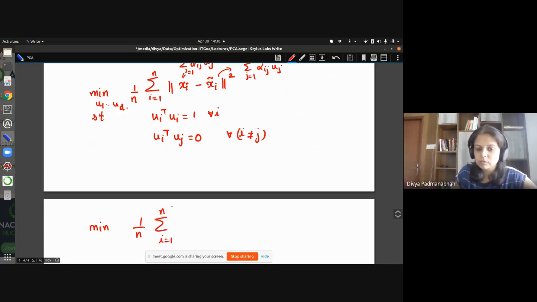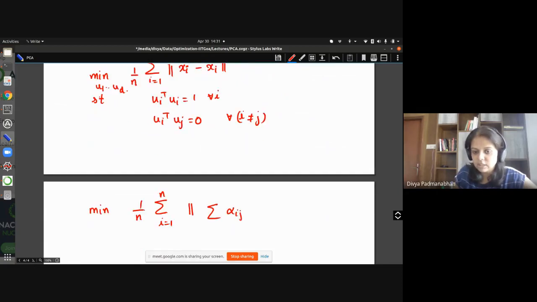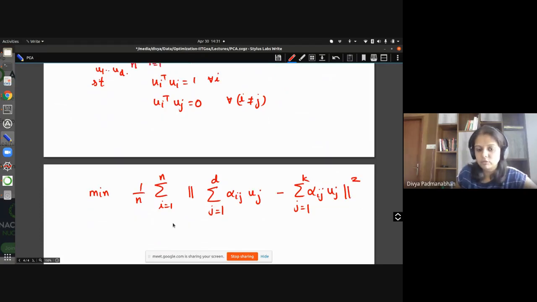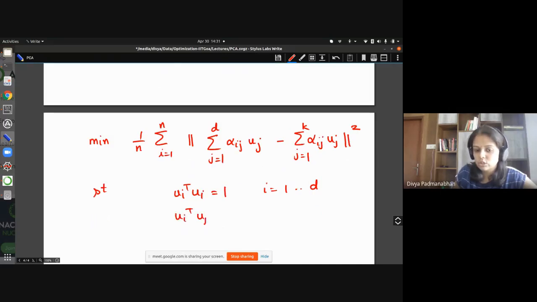For each sample, xi is just summation alpha ij uj, j equals 1 to d, minus summation alpha ij uj, j equals 1 to k, okay, square of this, subject to ui transpose ui equals 1 for i equals 1 to d, and ui transpose uj equals 0 for i and j both from 1 to d, and i not equal to j.